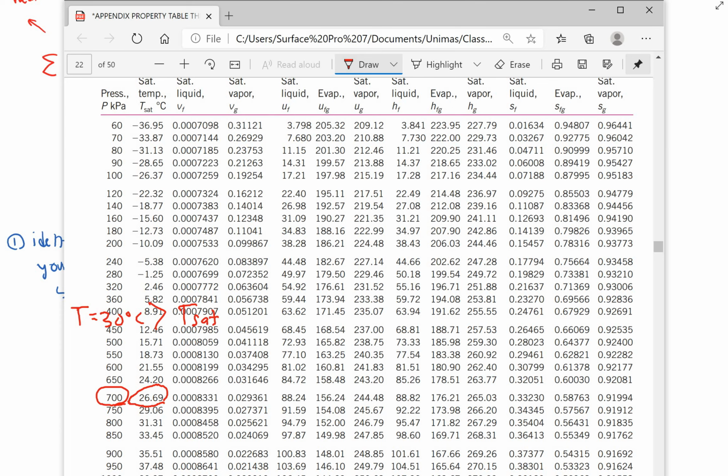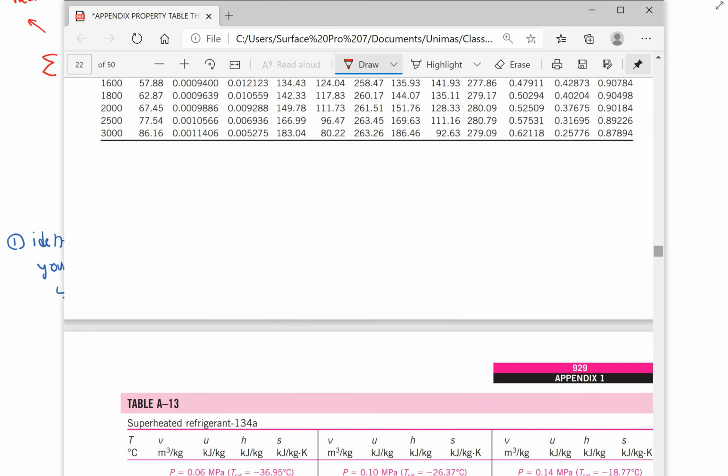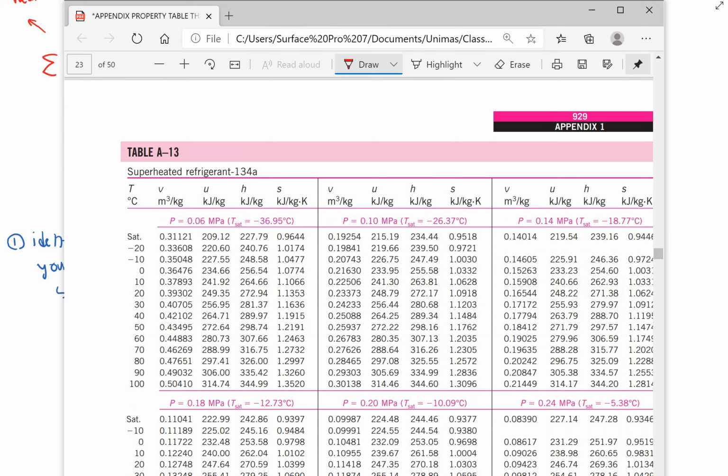So what happens if you look back at your T-s diagram? If the given temperature is larger than the saturated temperature, meaning that you are now in the superheated region. So we should go to A13. Now look at A13.